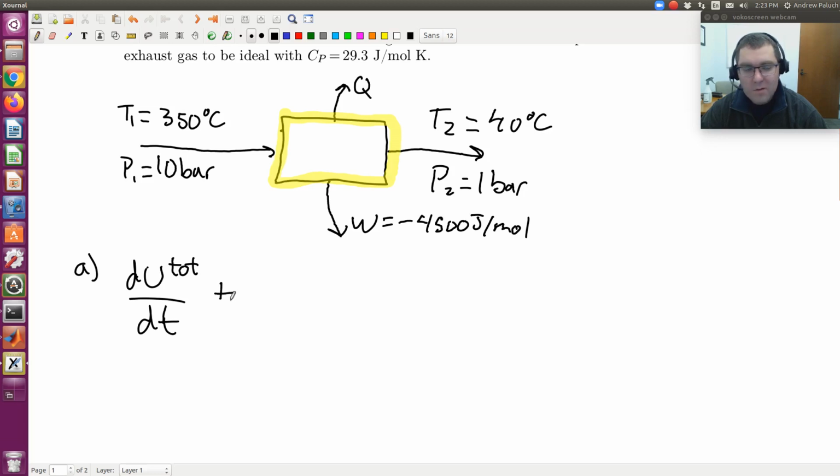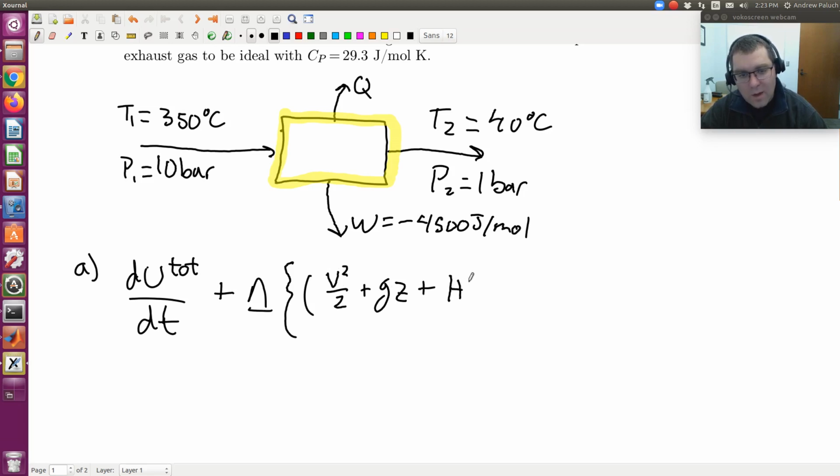Plus, if I use the notation from the book, delta, where delta is, in this case, out minus in, or final minus initial. So delta, and then we need to account for the difference in kinetic energy, which I'll write as v squared over 2, plus potential, plus, now instead of internal energy for our open flow device, we're going to write enthalpy.